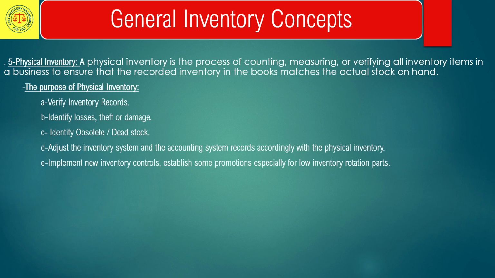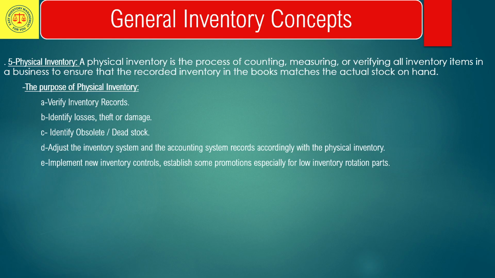You can create controls for these things to avoid that this happens again. And therefore, you have to adjust your books, your inventory system and your accounting system. But the only way you're going to know that these things happen, and measure or count every single situation, is by doing the physical inventory.